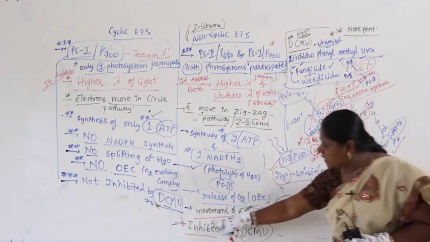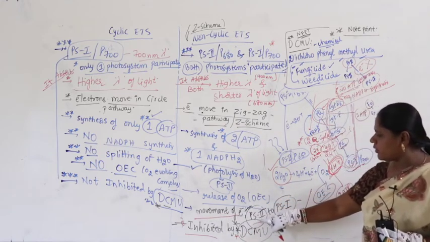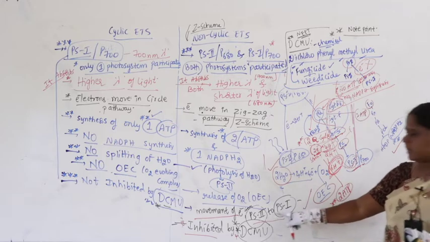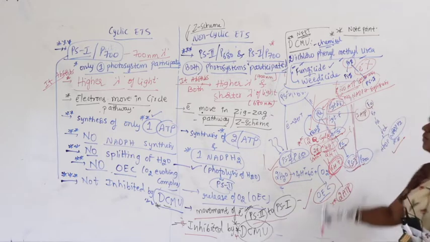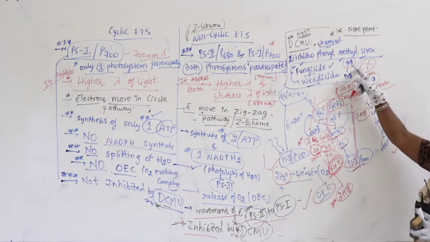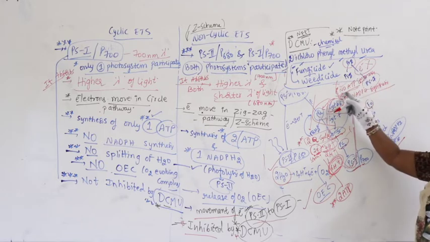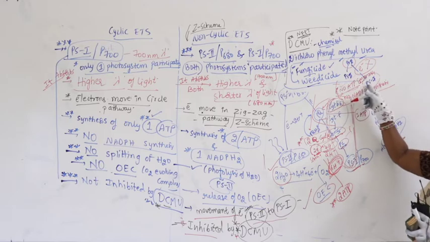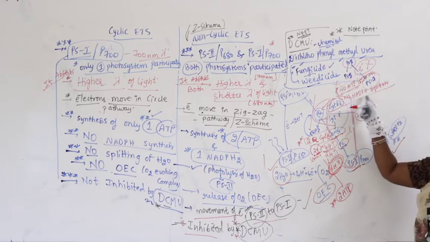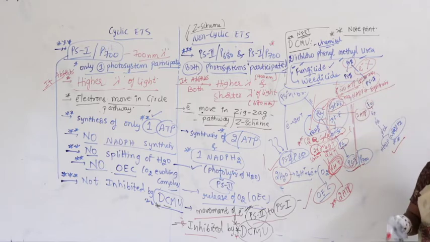What we have written: it inhibits the movement of electrons from PS2 to PS1, inhibited by DCMU. When electrons are blocked moving from PS2 to PS1, what is the impact? There is no ATP synthesis. As the cycle cannot continue, no NADPH synthesis. If there is no energy, how do you think the plant operates its metabolic pathways? So it causes killing of the plant.